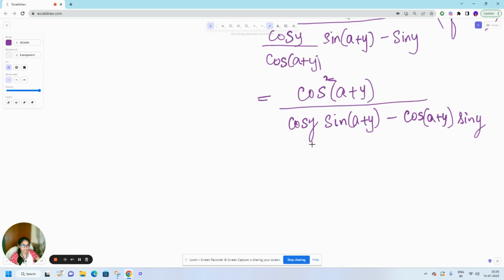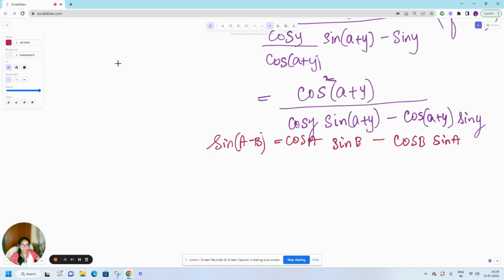Yes, now observe the denominator. We have a formula here. Which formula? Cos a sine b minus cos b into sine a. What is this equal to? This is equal to sine of a minus b.